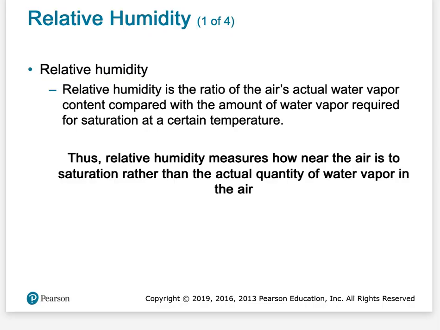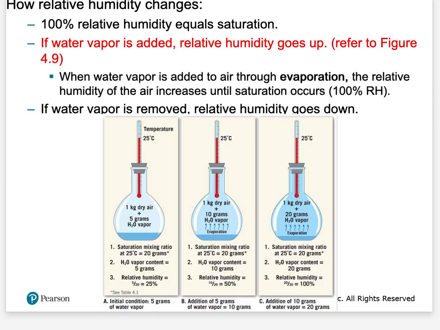And relative humidity, the definition for that: relative humidity measures how near the air is to saturation rather than the actual quantity of water vapor in the air. So how does relative humidity change? Well, when meteorologists say there's 100% relative humidity, this means the air is saturated.